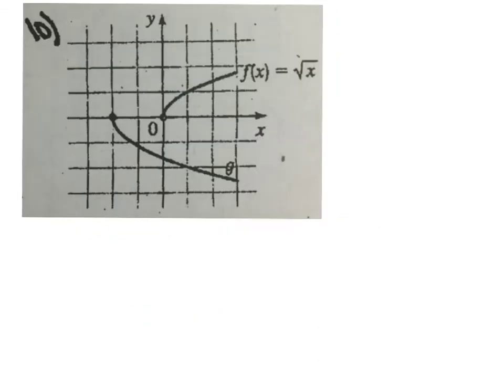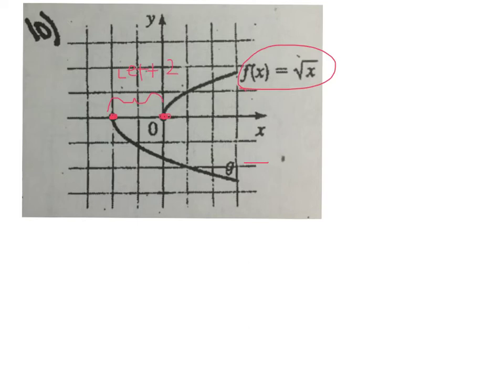All right, number 10. So again, I want to know how it went from my parent function to g. And in this problem, it gives you a nice point of here and here to compare to. So from this point to this point, it looks like I went to the left 2. Doesn't look like I went down or anything.